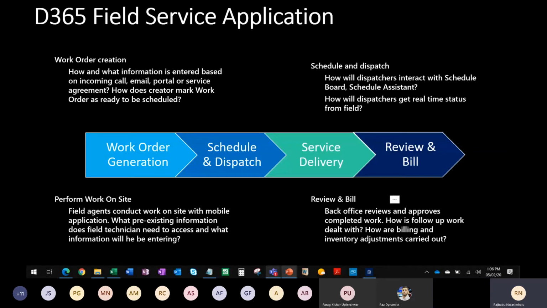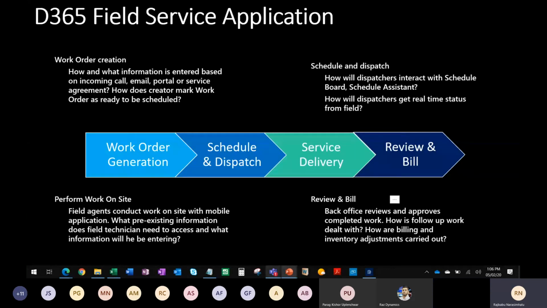Sometimes they invoice, sometimes they don't, because if it comes under a preventive maintenance yearly agreement or contract, or if the service work is included in the cost of the service they're offering, then they don't bill the customer. So this is a typical end-to-end workflow at a very high level, like a 30,000 foot level.